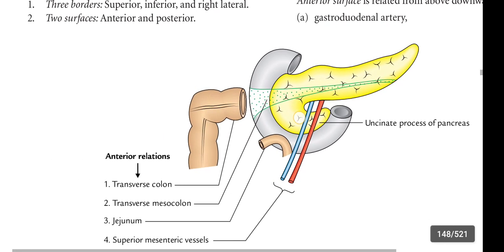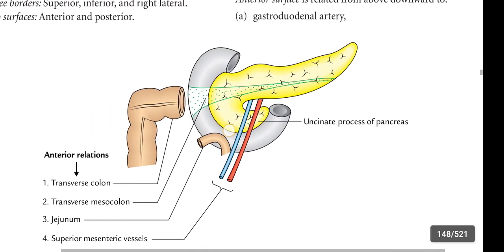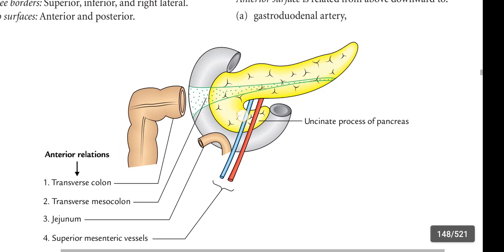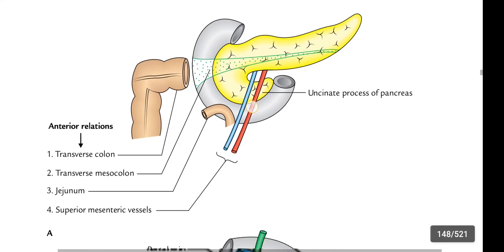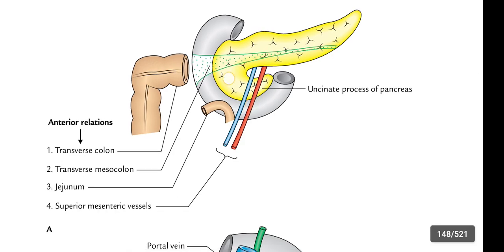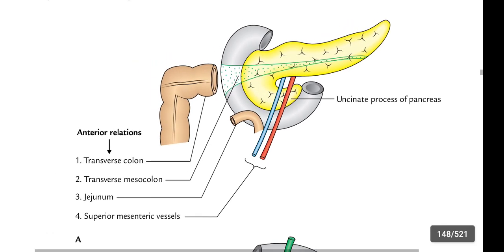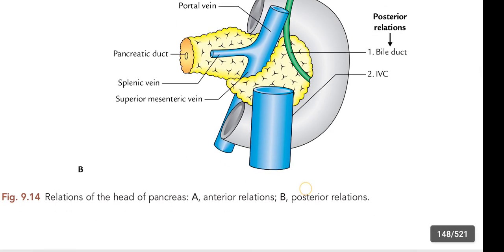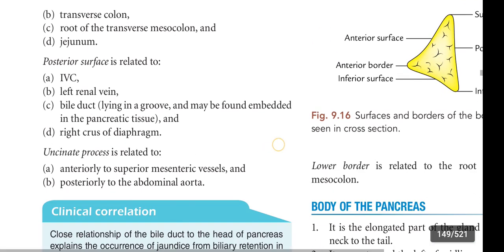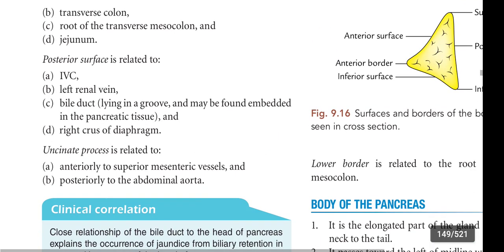You see here, this is the uncinate process of the head of the pancreas. It is related to the superior mesenteric vessels, and posteriorly the uncinate process is related to the abdominal aorta.